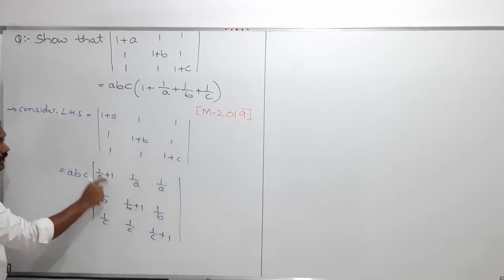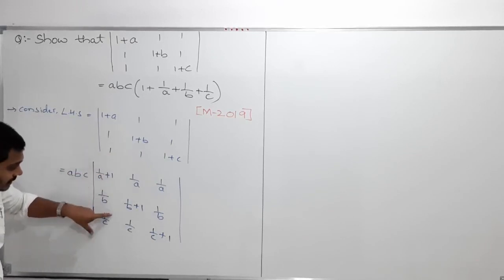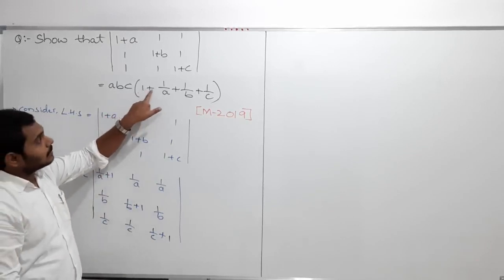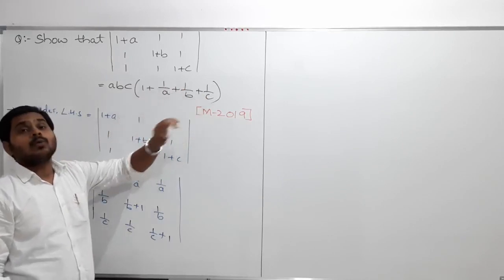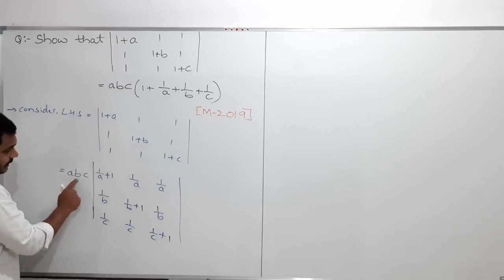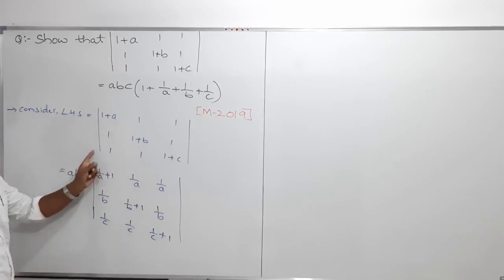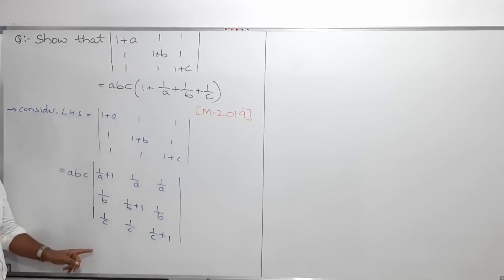Now you can observe, if you add this element, this element, this element, obviously we get 1 plus 1 by A plus 1 by B plus 1 by C. Clear? So I have taken A common from row 1, B common from row 2, C common from row 3.